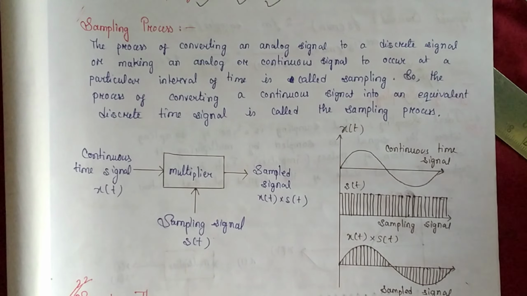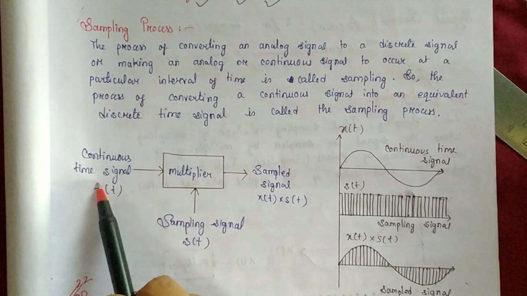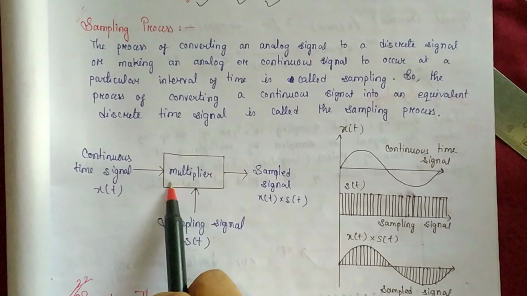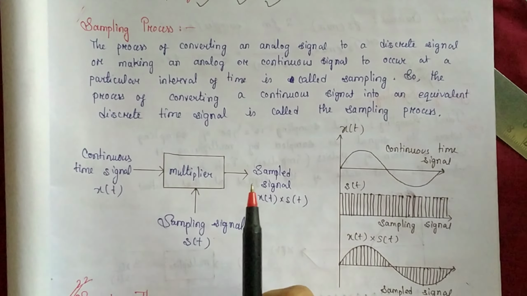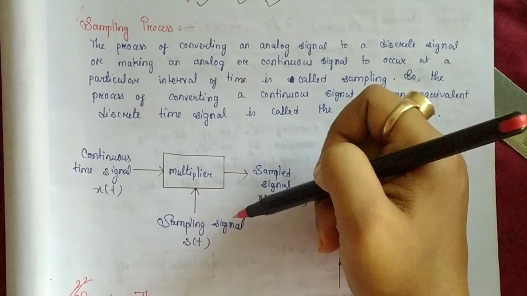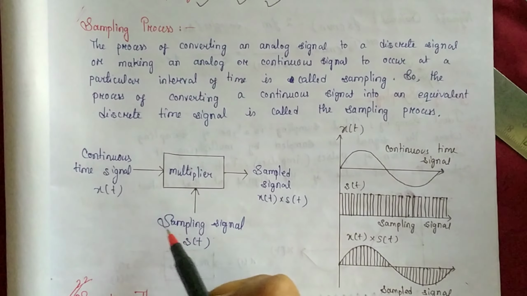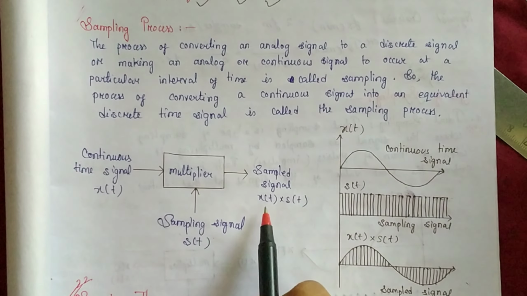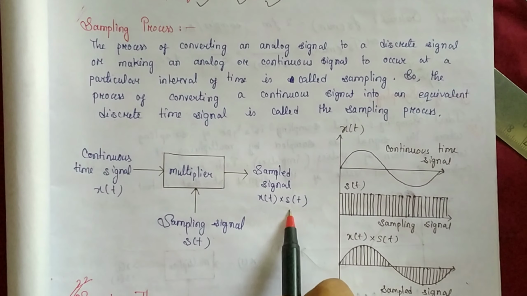In this process, we send an analog signal into a device called the multiplier, where we apply the continuous time signal x(t) as an input, and the multiplier itself gives a predefined signal called the sampling signal s(t). The multiplier multiplies both these signals and produces an output called the sampled signal, which is the multiplication of x(t) and s(t).